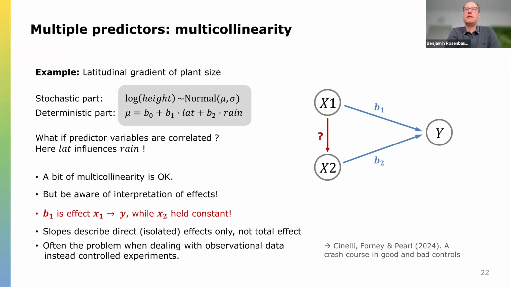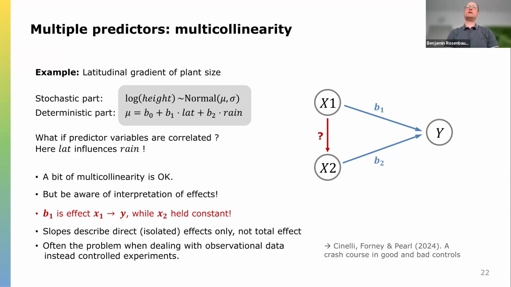But then, latitude and rainfall are not independent. I mean, there's some correlation. In this case, there's also very clearly a causation, because latitude influences rainfall. Rainfall does not affect latitude.